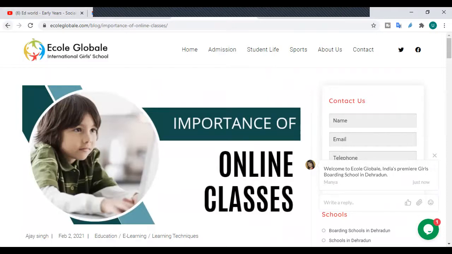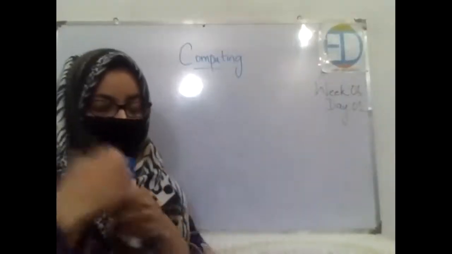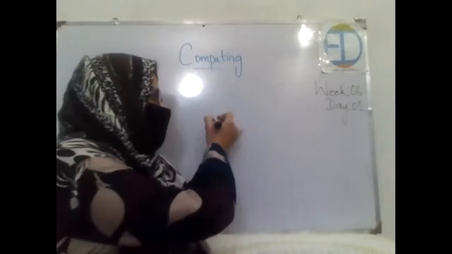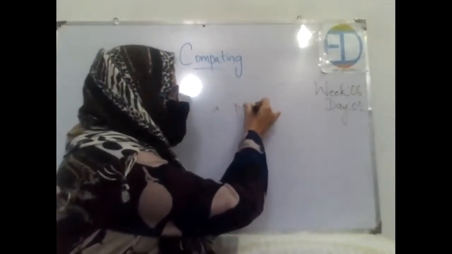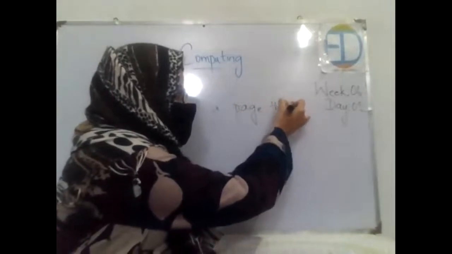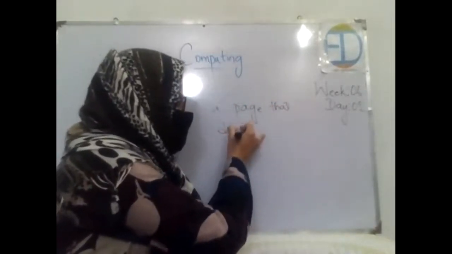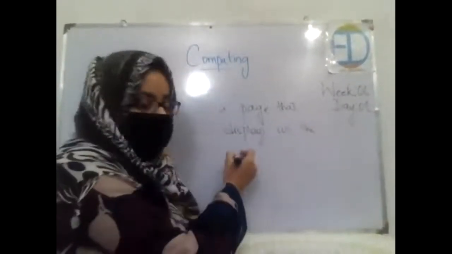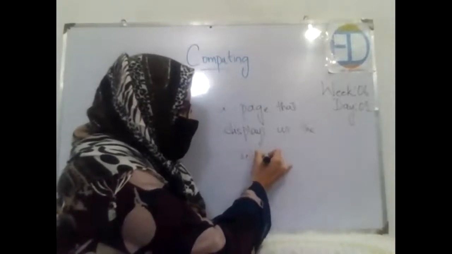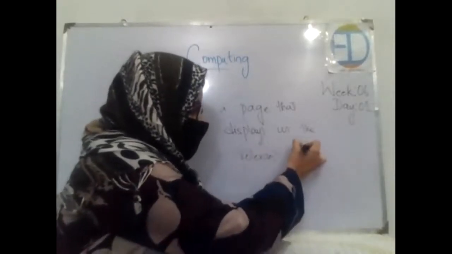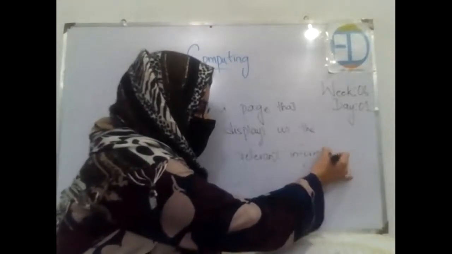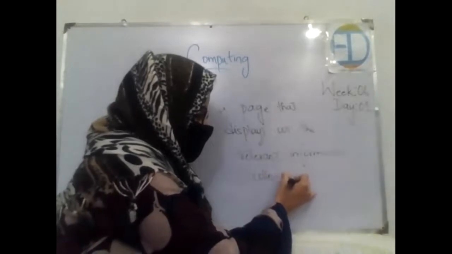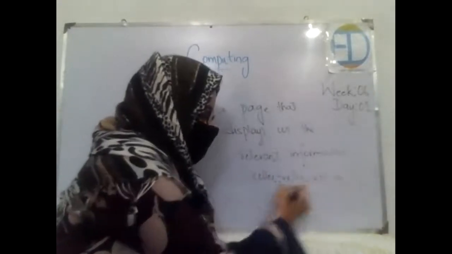Got it? So through this screen sharing, if somebody asks us to define a web page, we call it a page that displays the relevant information collectively on a page, right?